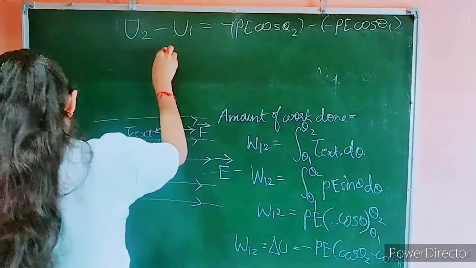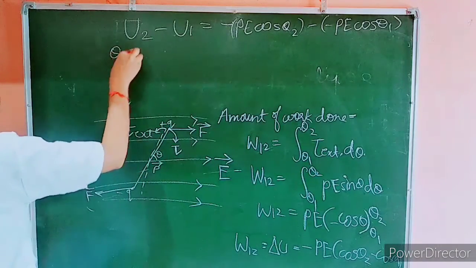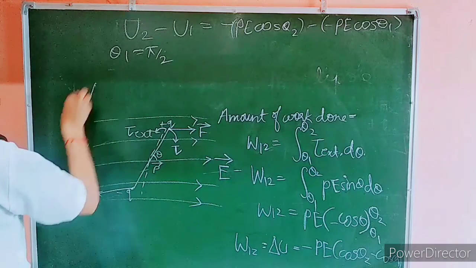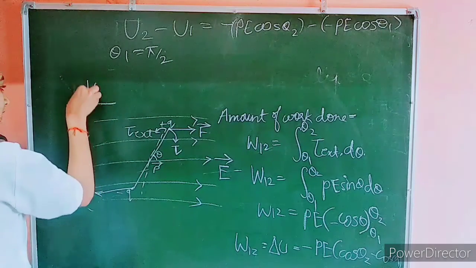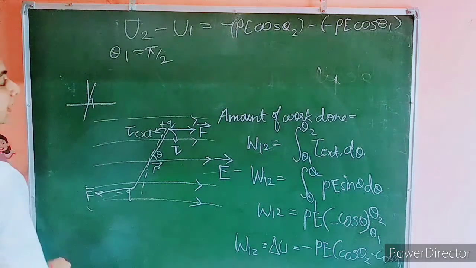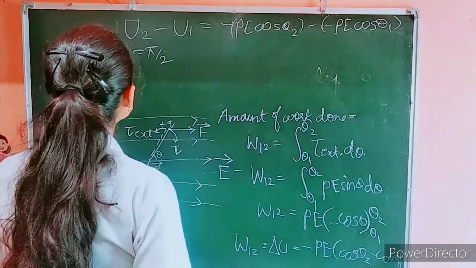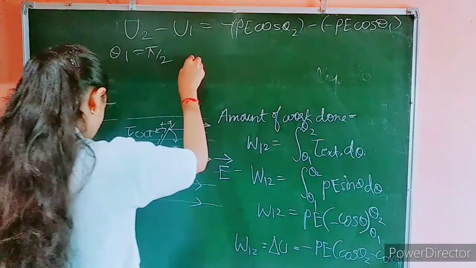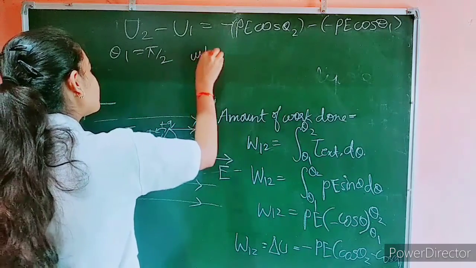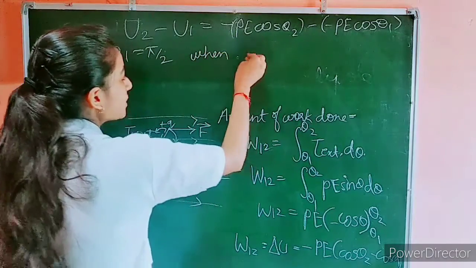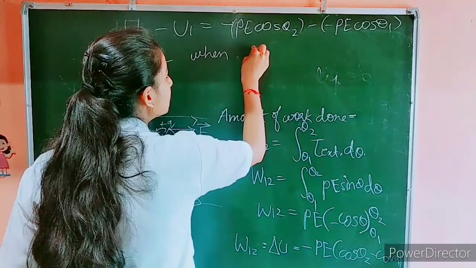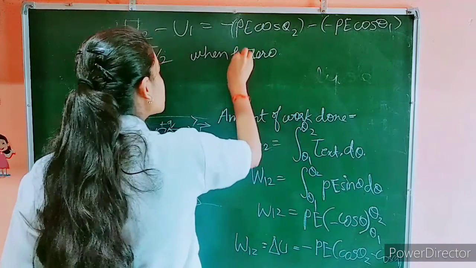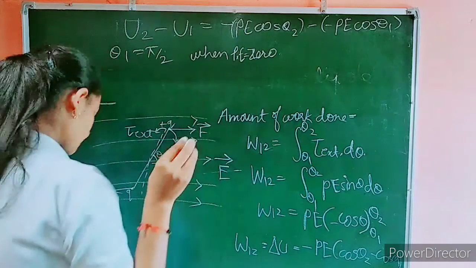Now, theta 1 will be pi by 2, because if we are rotating, this will become 90 degrees. So, theta 1 will be pi by 2, where potential energy is taken as 0. Potential energy will be 0.